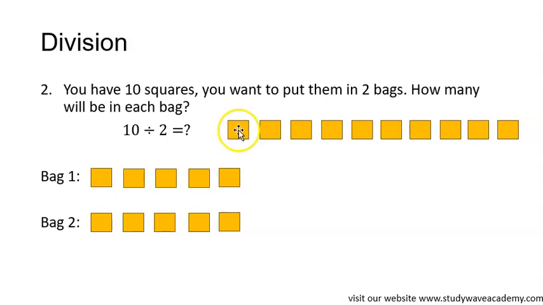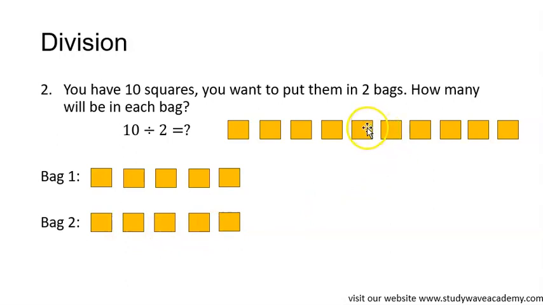So you start by putting one square in bag 1 and another square in bag 2. Okay, let's start. One square in bag 1, one square in bag 2. So they both have 1, but there are still squares left that are not inside the bag. So we go again. You put another square in the first bag, and another square in the second bag. There are still squares left.